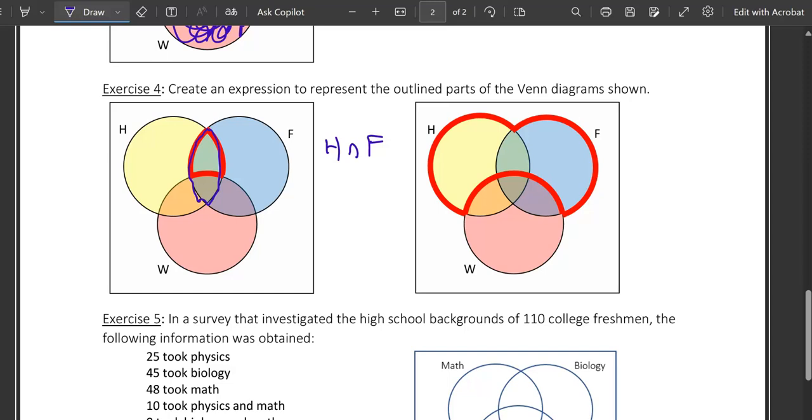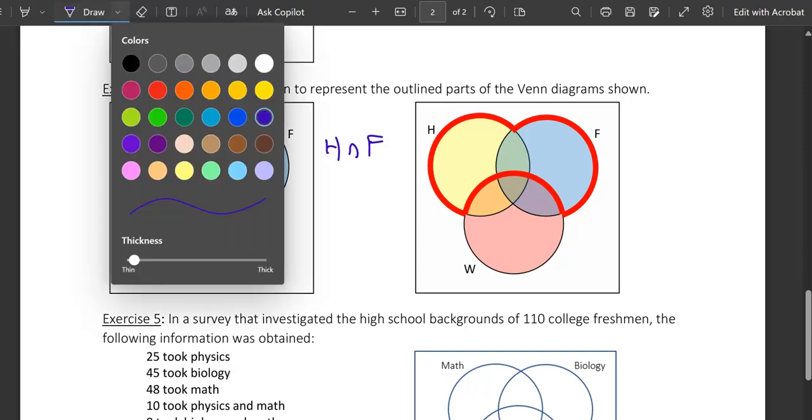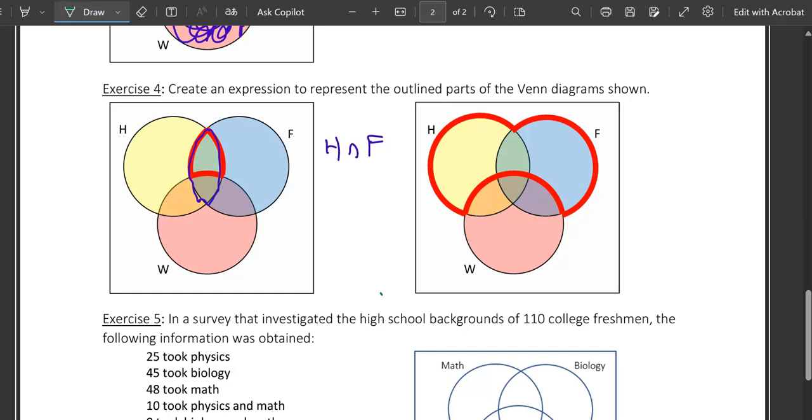But I don't want the whole H intersect F. So how can we get rid of the stuff down at the bottom there for part of W? Can I change my color here, green maybe? I don't want this part down here, correct? I don't want that part within my blue. So how about I intersect W complement?